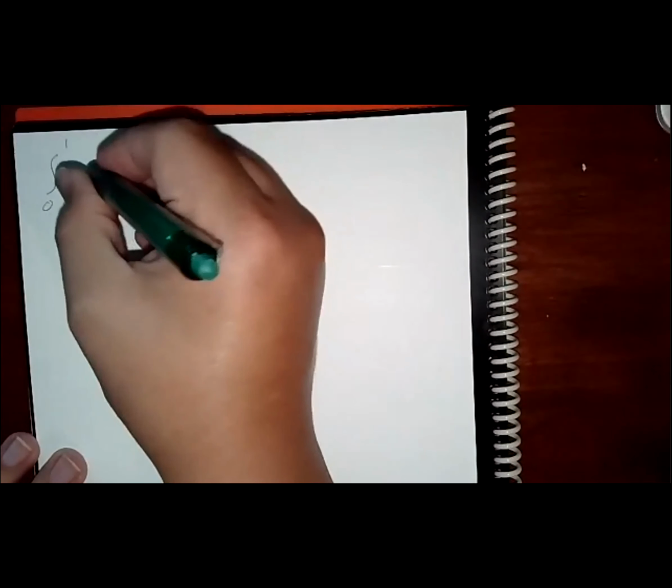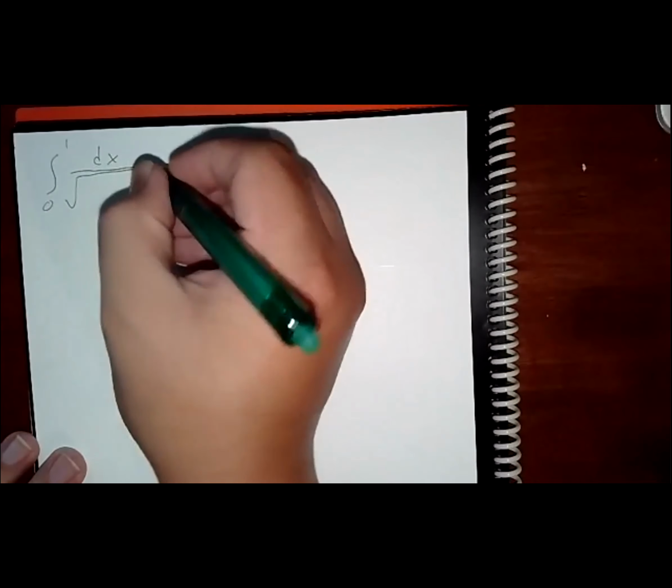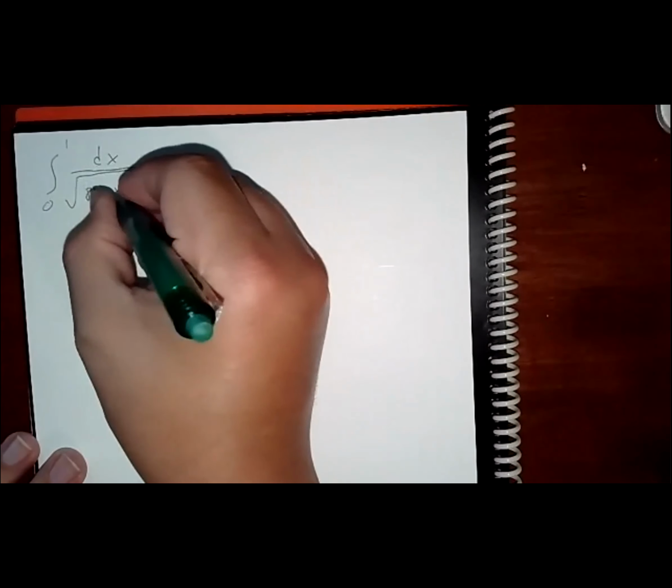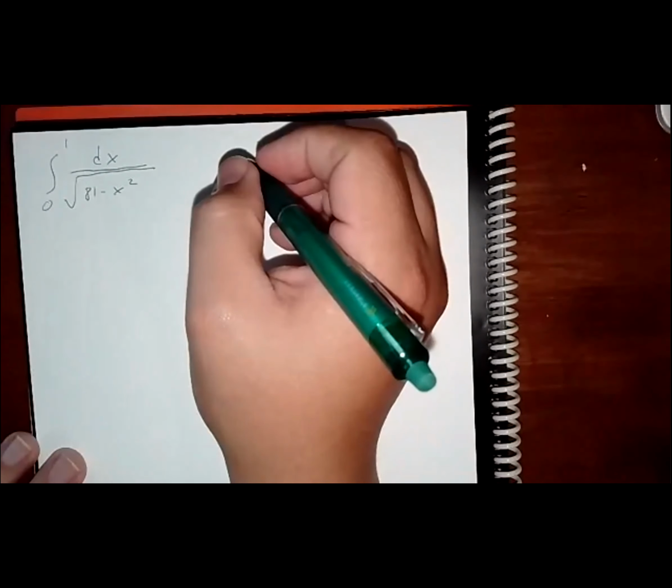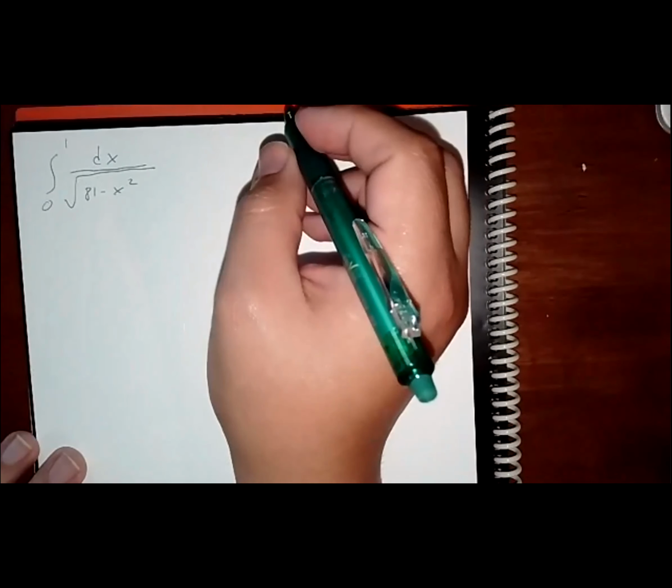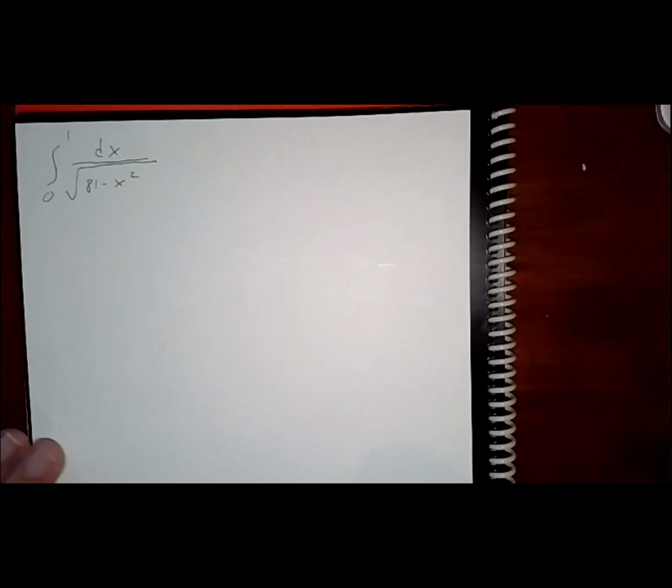Okay, so integral of 0 to 1 dx over square root of 81 minus x squared. So we need to remember that sheet I gave you with all the integral rules. There's one for all the inverse sines or inverse trig functions. So this one's going to be a sine type.